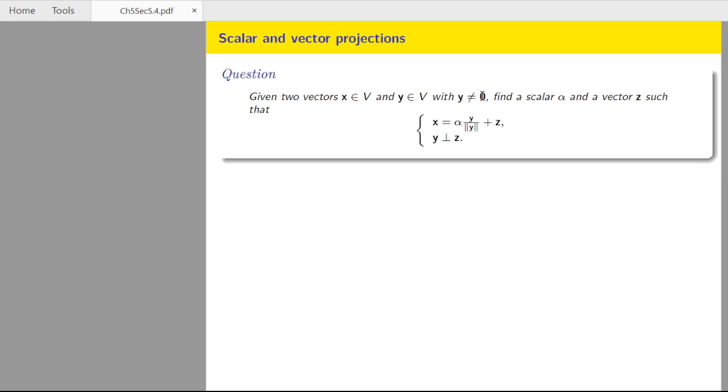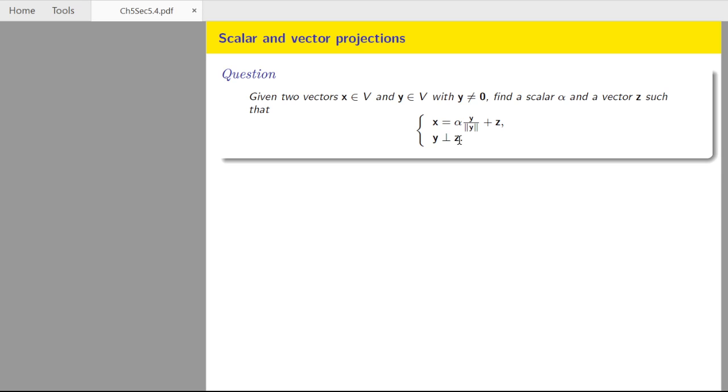What we're going to do is find the scalar alpha and the vector z, where z is of course supposed to be a vector in the inner product space V, so that x can be written as the sum of a scalar alpha times y over its norm, then plus z. Here we require y and z to be perpendicular, or orthogonal to each other.